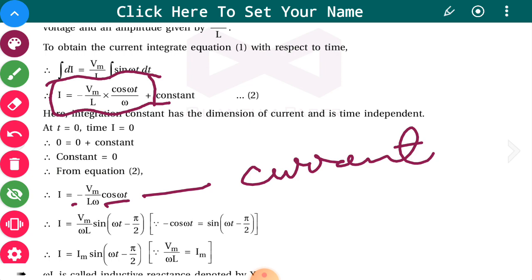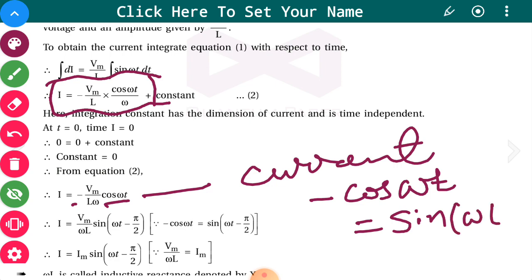The minus sign is taken with cos omega t. So minus cos omega t can be represented as sin omega t minus pi by 2, because as you know, the cos function is negative in the second quadrant.